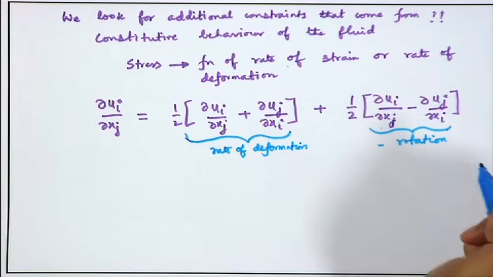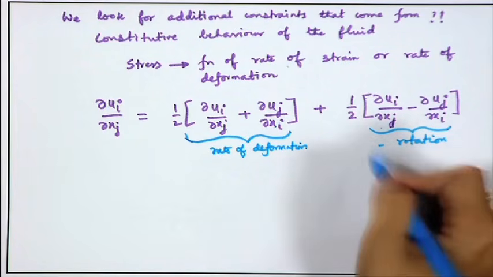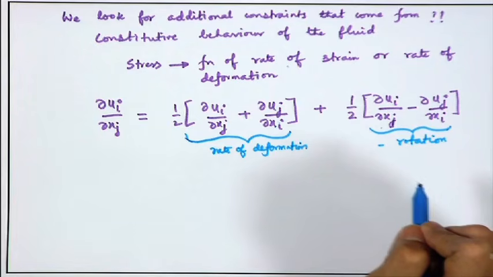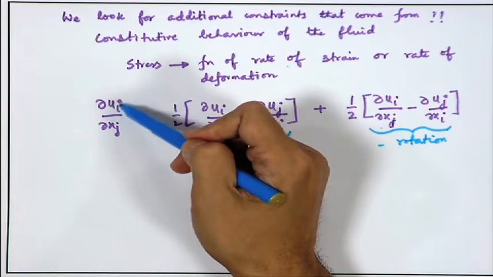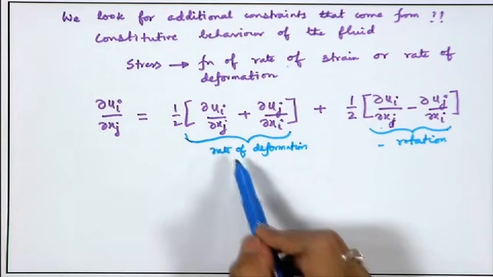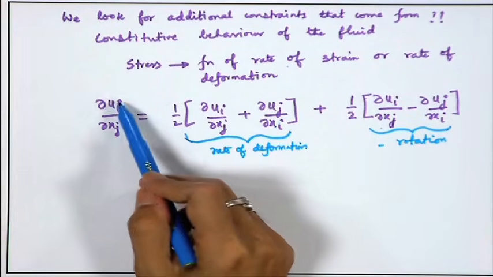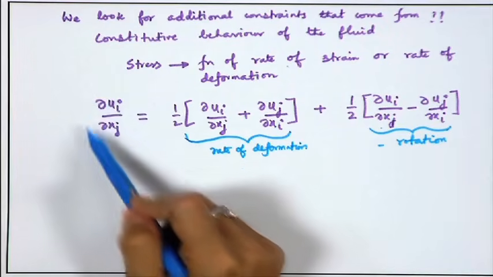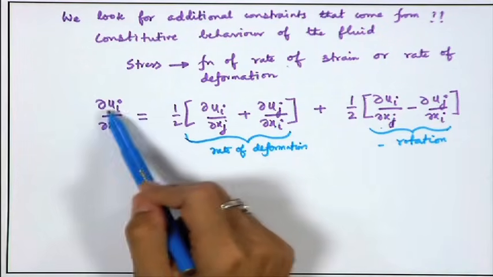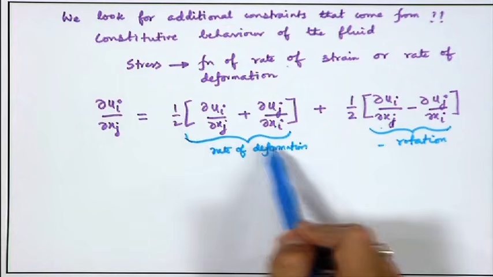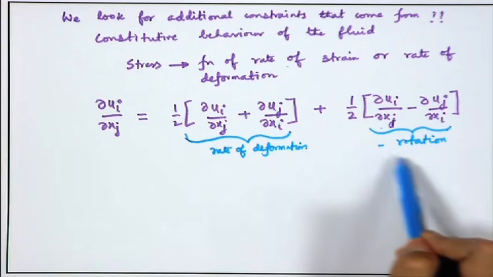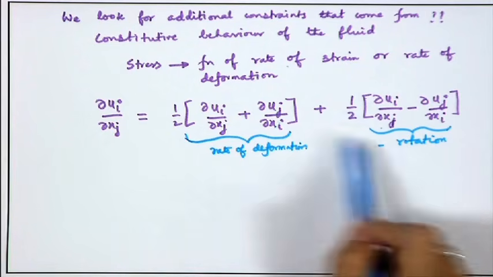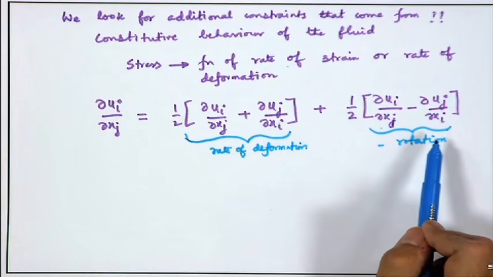If you write it with anti-clockwise as positive, this physically implies rotation. Now, this is not the rate of deformation tensor, this is the velocity gradient tensor. The velocity gradient will have one part which is the rate of deformation tensor and another part which is the rotation tensor. So, out of these two, which will contribute to the stress?